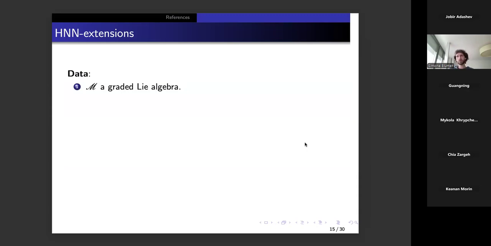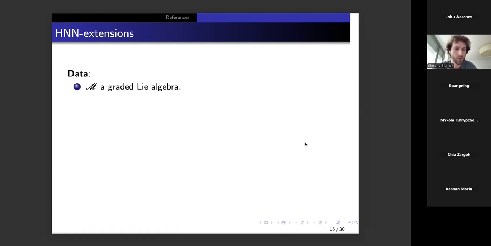The aim of an HNN-extension is to embed a group having two isomorphic subgroups into a larger group where the two isomorphic subgroups are also conjugate to each other. The same idea can be translated into the Lie algebraic context, and we will see now how.